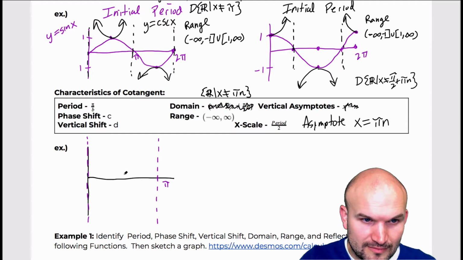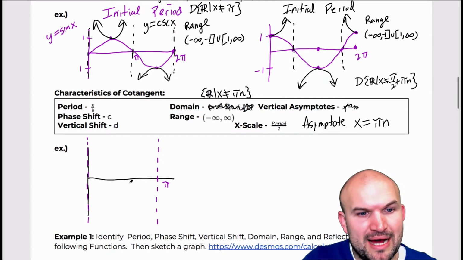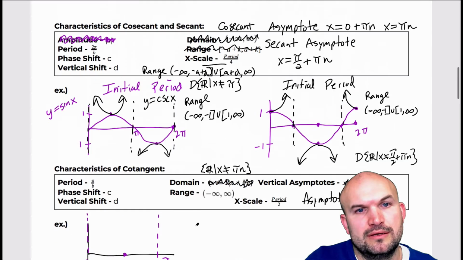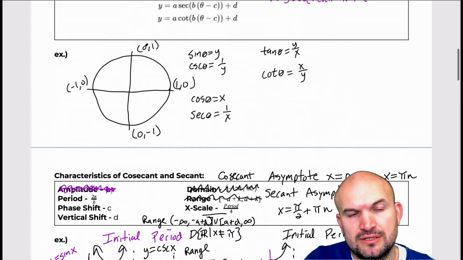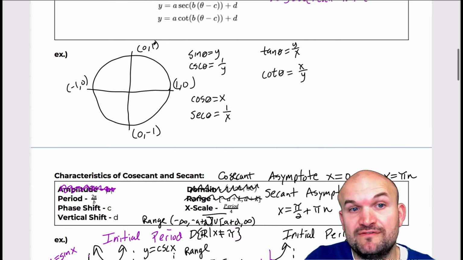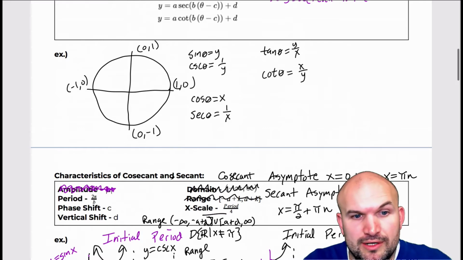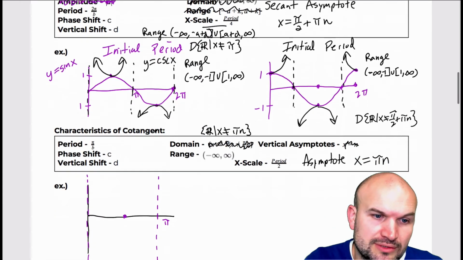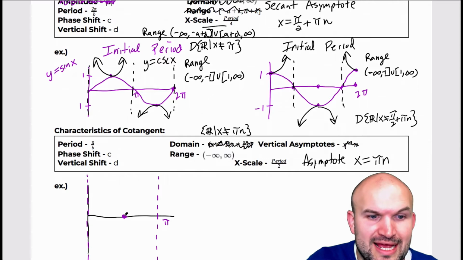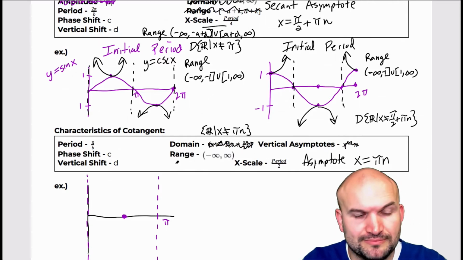Right? And if we look at pi halves, for tangent that was undefined, that's y over 0. However, for cotangent, that's 0 over 1. So therefore, you can see that that is going to be an x-intercept for the cotangent function.